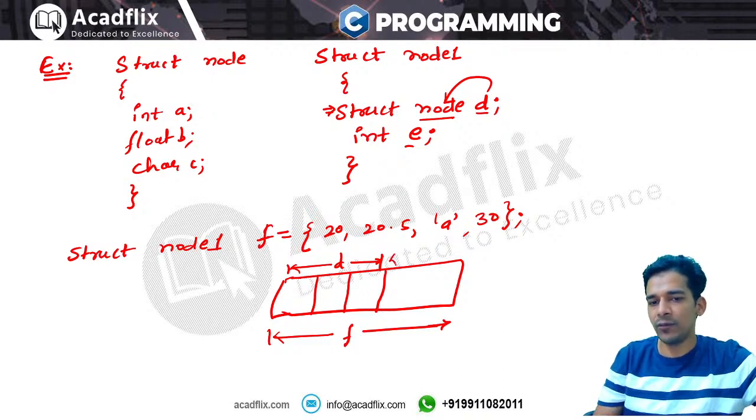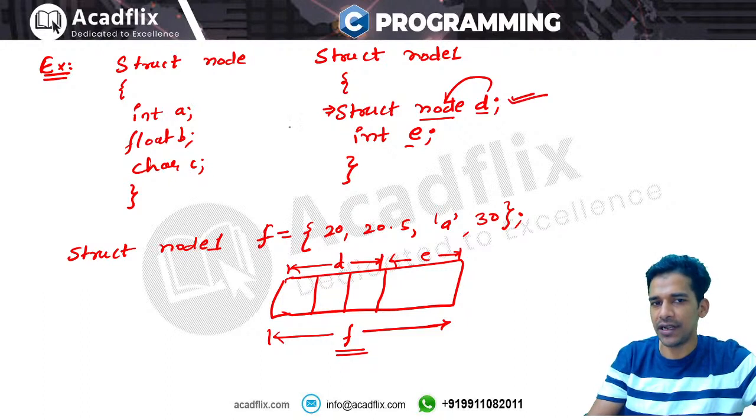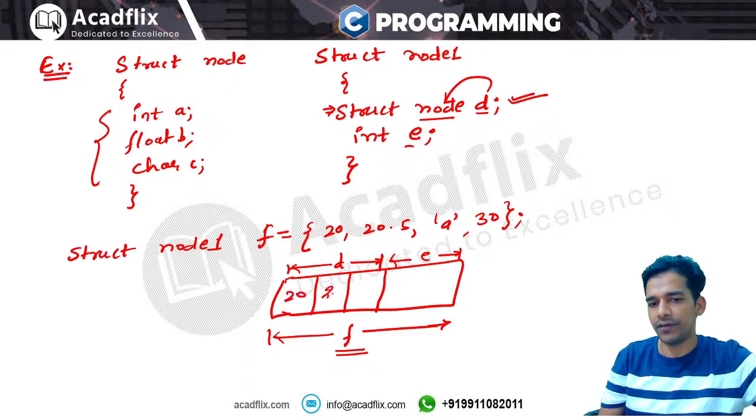And then it has one more member, e, that is an integer type. So this structure f has two members. One member is a structure, because we have declared d as the node type. So the value is 20, the value is 20.5, the value of the character variable is a, and the value of e is 30.